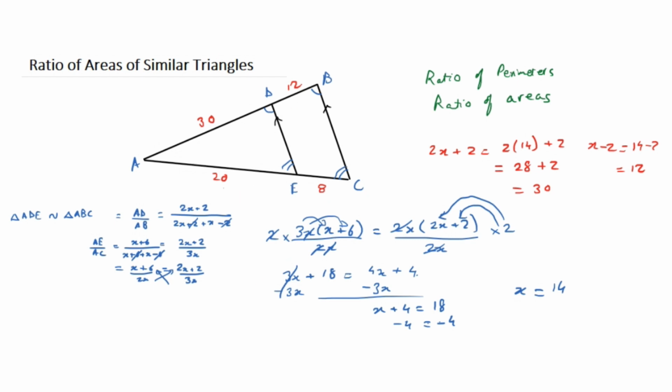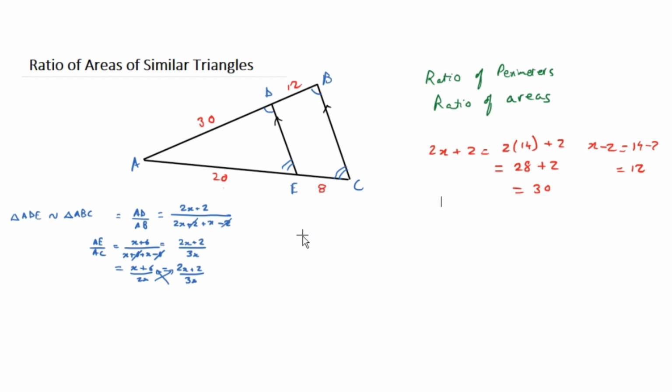So now we can find the ratio of the sides. We don't need any of this, so let's get rid of this. The ratio of the sides of the corresponding triangles. So I can take any of these sides, this and this, or this and this.